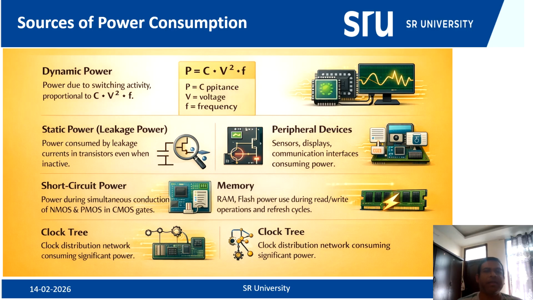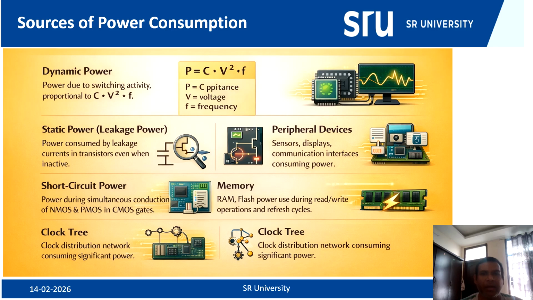The first one is a very popular power consumption mechanism, which is known as dynamic power consumption. Dynamic power is the power consumed due to the switching activity in digital circuits. Every time a transistor changes its state from logic 0 to logic 1 or vice versa, it charges and discharges a capacitance.